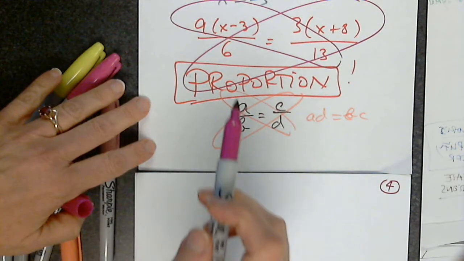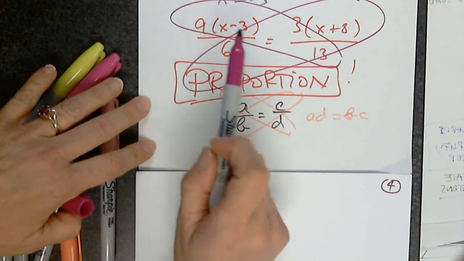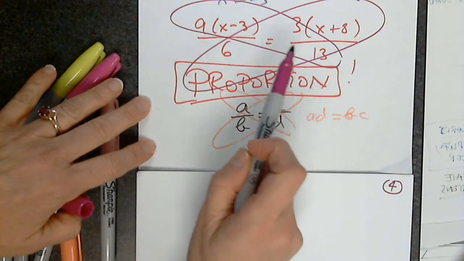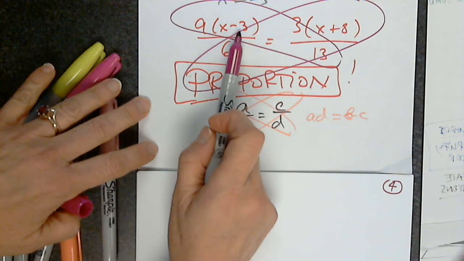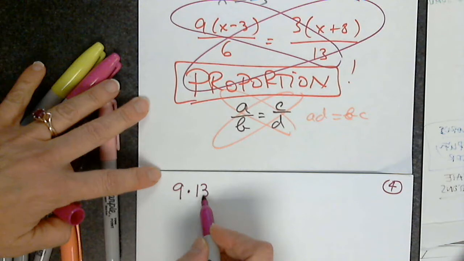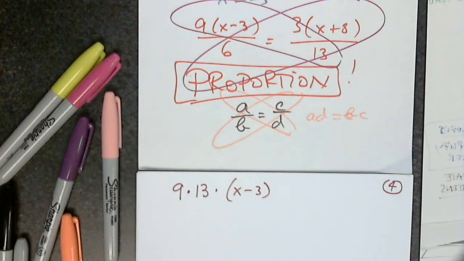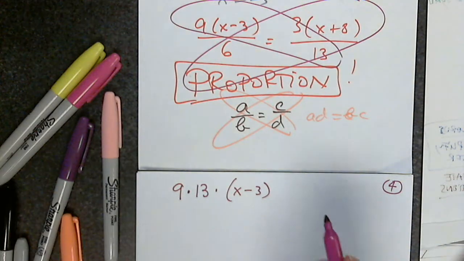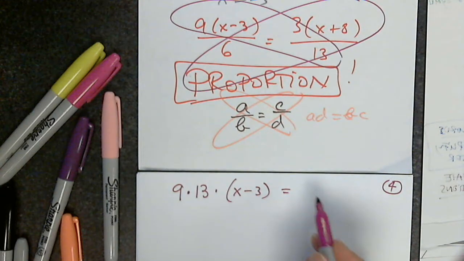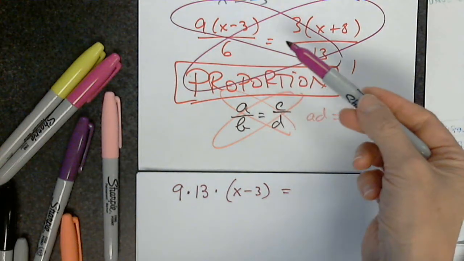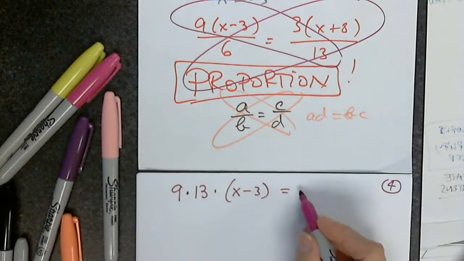I have 9, I have 13, and I have parentheses: 9 times 13 times parentheses. Numbers first, outside. They're waiting. And then 6 times 3 times x plus 8.